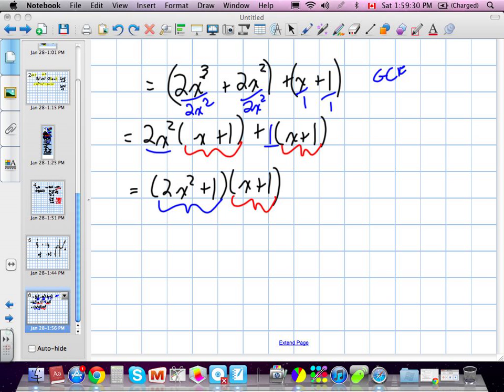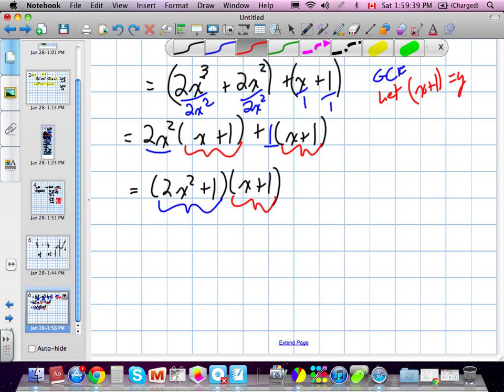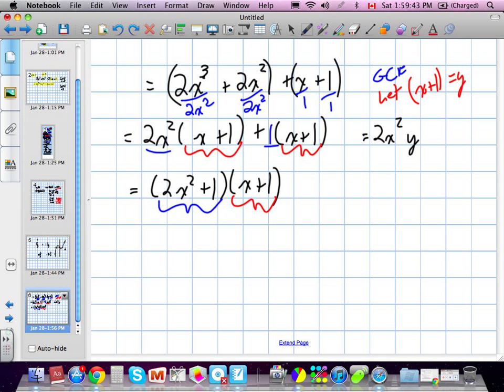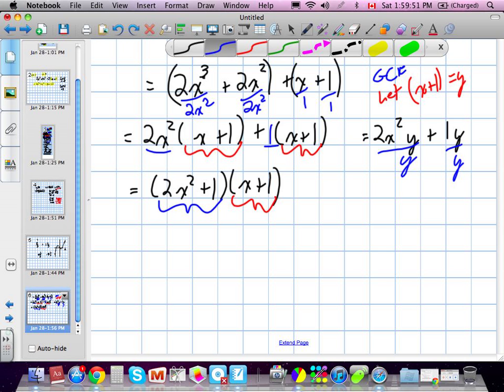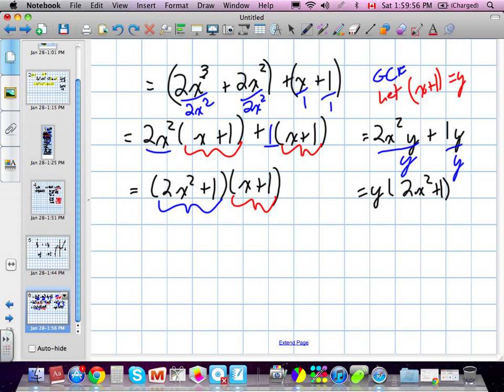Another way to look at this, let's say I said let x plus 1 equal y. So let's say I replace both those brackets with y. What we'd have is 2x squared times y plus 1y, right? And then we can factor y out of both of these. Okay? So then what we have is y times 2x squared plus 1.